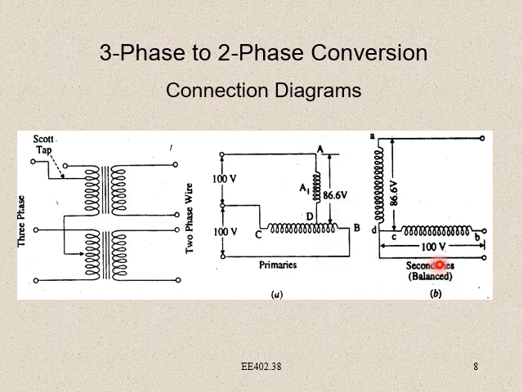Coming to the secondary, from this 86.6 volts, which is AD, now capital CB is primary and small cb is secondary, which is the same 100 volts, balanced. Secondaries are balanced, and from this tapping we obtained 86.6 volts. Capital AD is the primary and small ad is secondary.